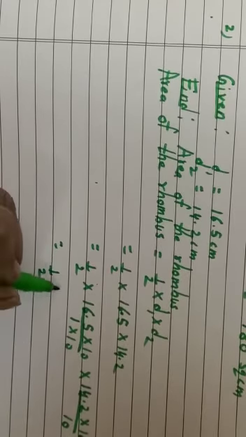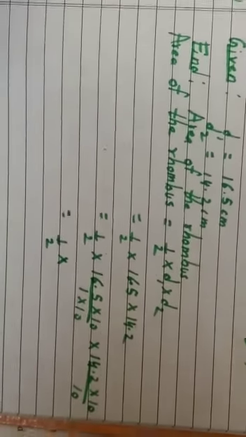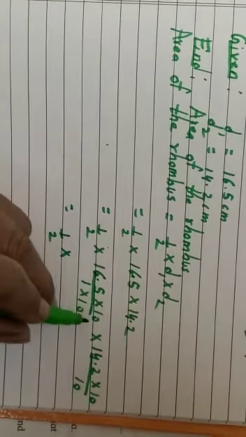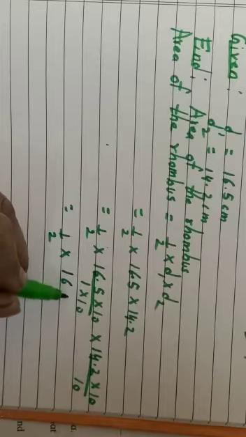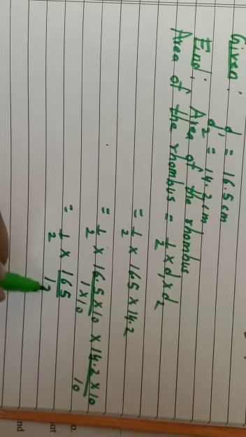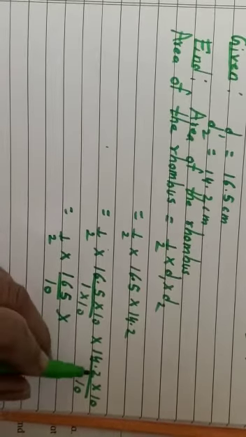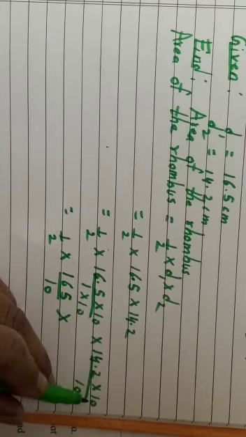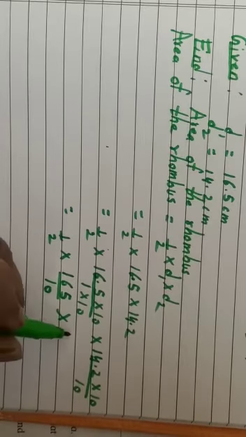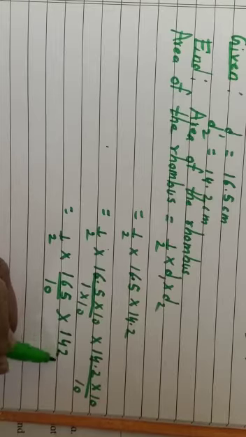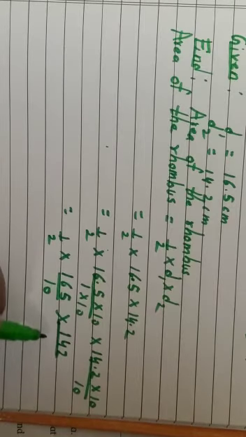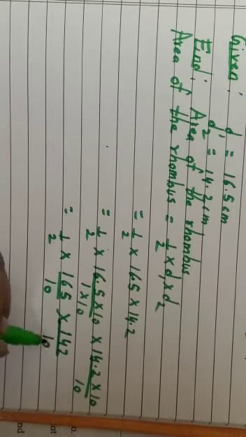Now what will happen? 1 by 2 into 16.5 into 10 will be 165 upon 10, into 14.2 into 10. The decimal point will shift by 1 digit and you will get 142 upon 10.